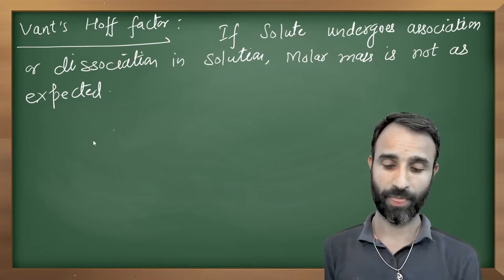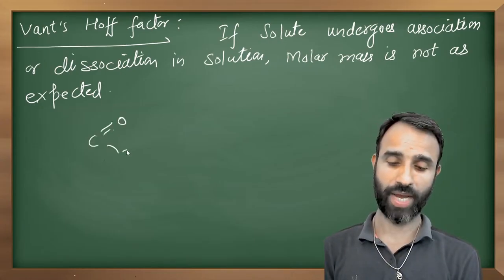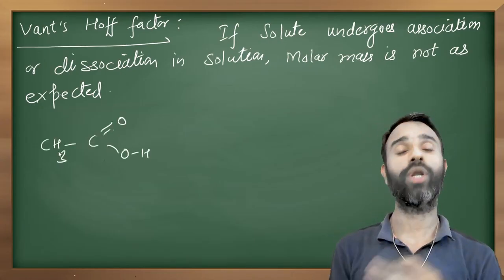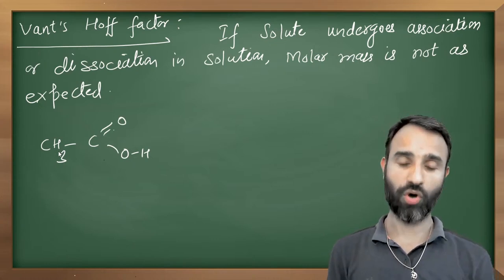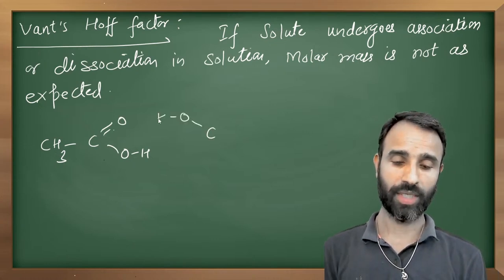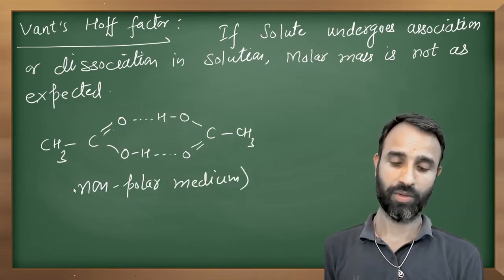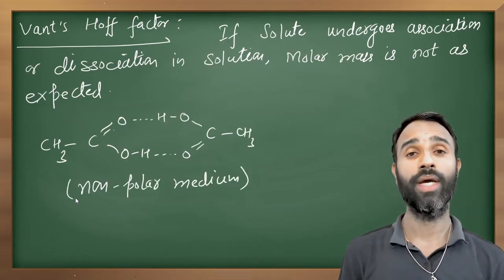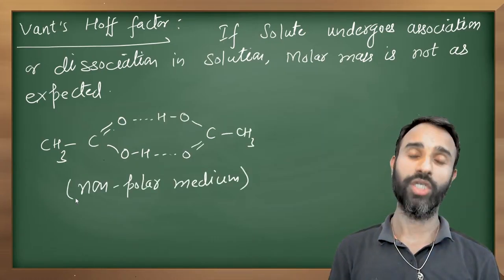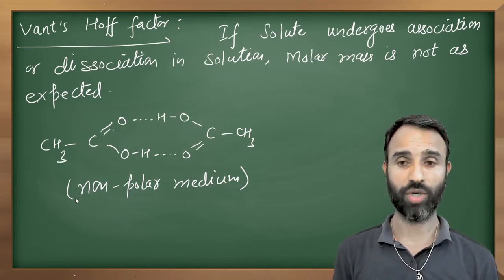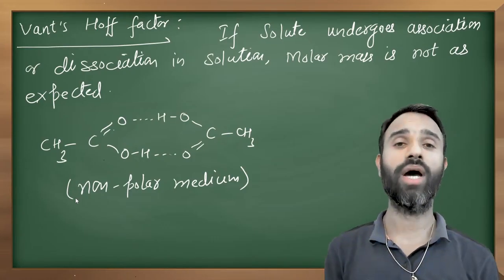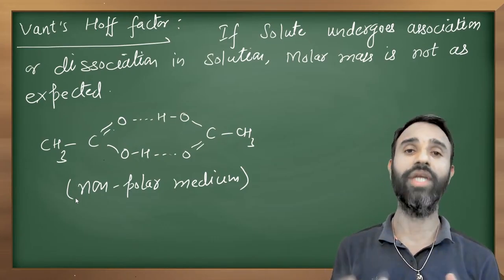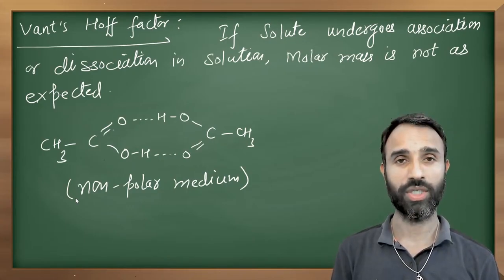For example, if we have acetic acid in a non-polar medium, acetic acid exists as a dimer. So its molar mass comes out to be more than its normal molar mass, and it depends upon the degree of association.